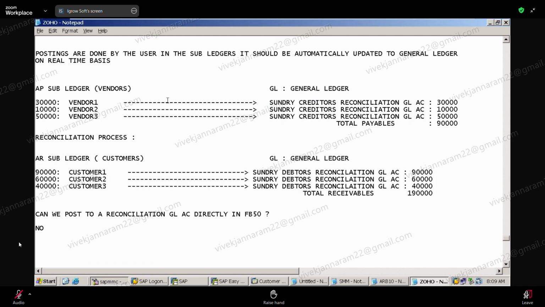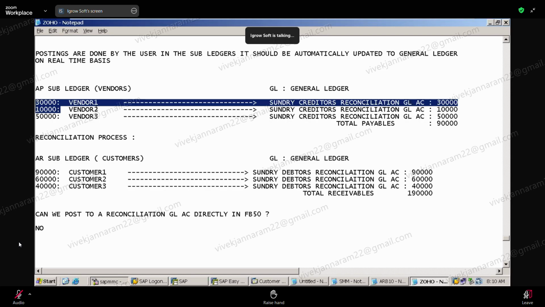And then we are posting to the vendor. The user will post like this: 30,000 purchased from vendor 1. The user will post in the AP subledger, but the system will update here also, in both places. So the user posts to vendor 1 in the AP subledger, but the system updates both the AP subledger and the general ledger. Like that, the user posts 10,000 to vendor 2.